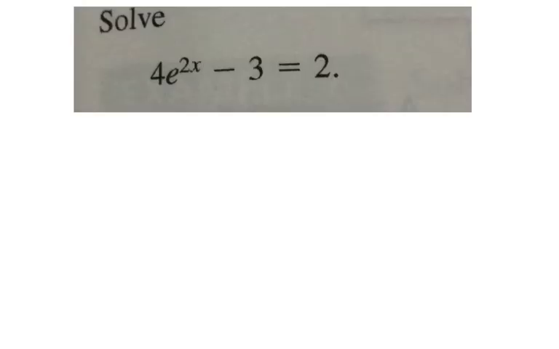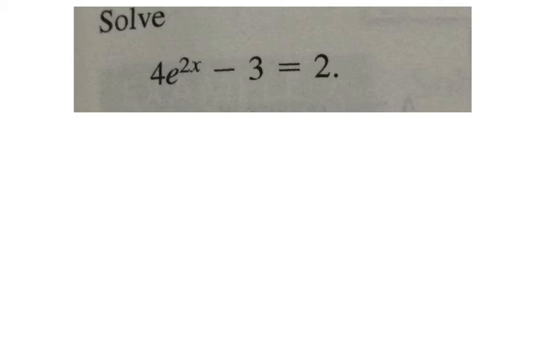Okay, so right here it's telling me to solve 4 times e raised to the 2x minus 3 equals 2. And so the variable that I am trying to solve for is stuck up in an exponent. So the first thing I want to do here is isolate the power.